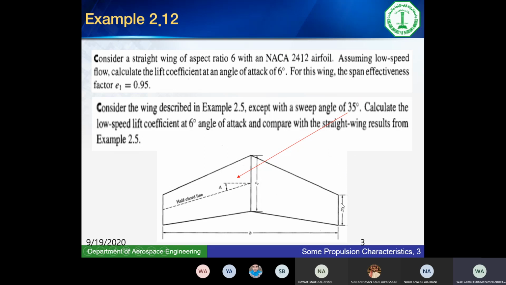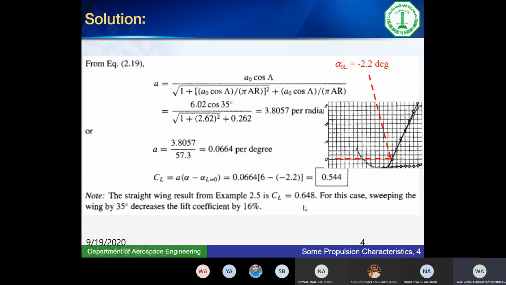When a wing is finite, air tends to move from the lower surface to the upper surface and would start to circulate, causing the wing tip vortices, which have a downward component that pushes down on the wing, reducing CL. Does this answer your question? Yes, thank you. So the reduction to 0.648 is because of the finite wing. The reduction to 0.54 is because of the sweep.